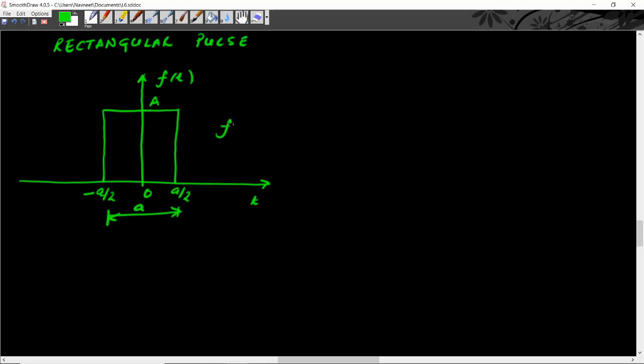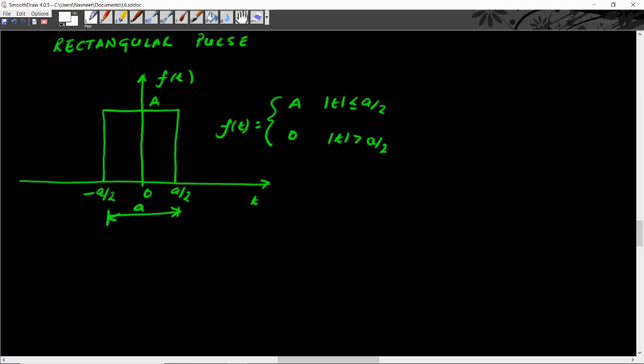So this function can be defined as A within the time interval minus a by 2 to a by 2 and 0 for all other values of time.